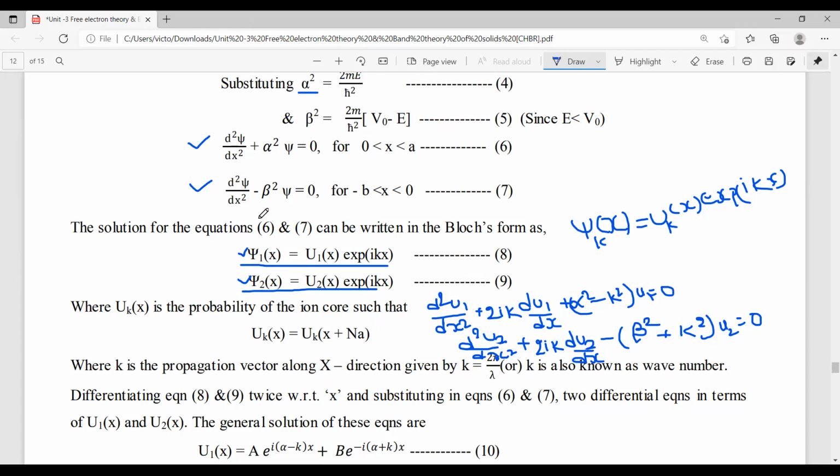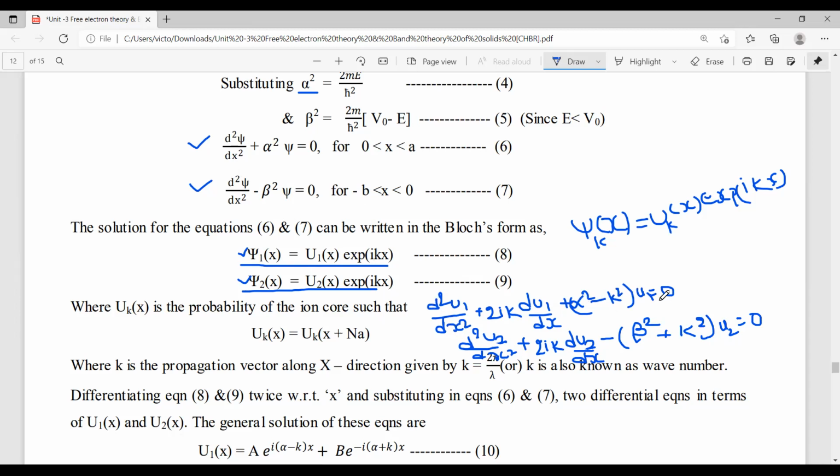Actually, our aim is to solve this equation. For this purpose, according to Bloch theorem, the solutions of equations 6 and 7 are in the form of equations 8 and 9. By substituting equations 8 and 9 here, again we get second order differential equations in these two forms.